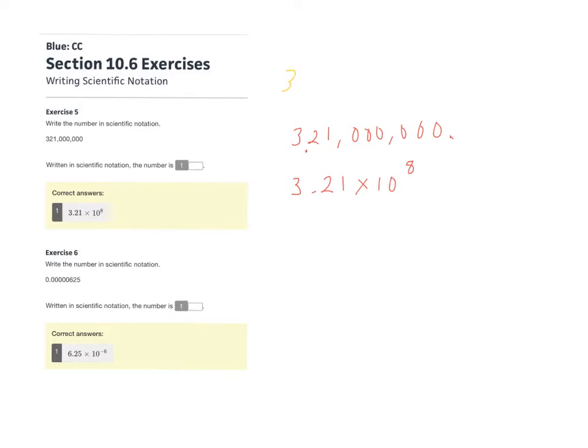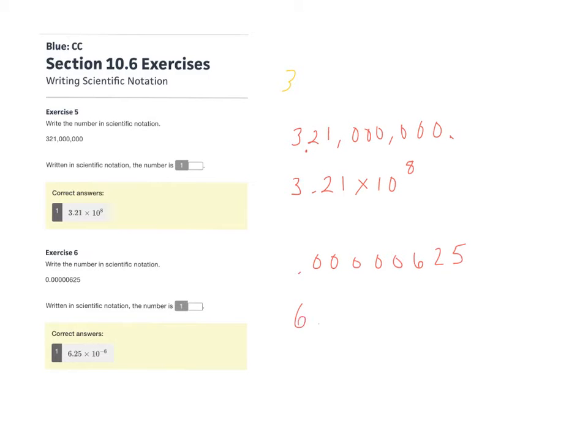Second one, point. 1, 2, 3, 4. Looks like 5 zeros. 3, 4, 5 zeros followed by 6, 2, 5. So where would I put the decimal point so the value is in between 1 and 10? This would be 0.625. This would be 6.25.